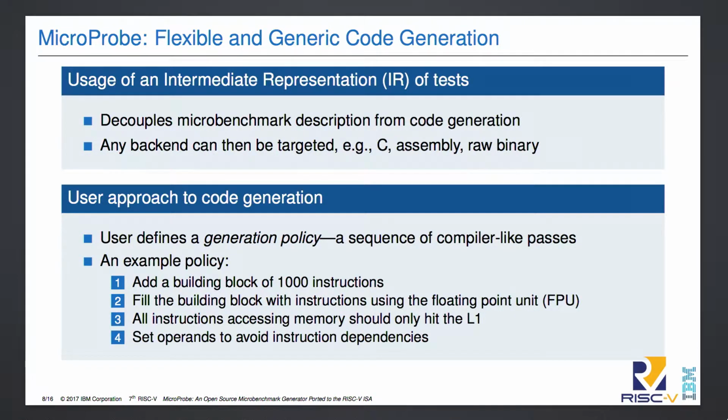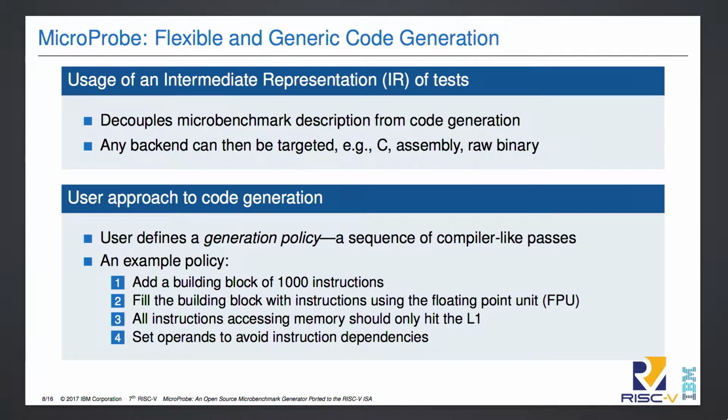Alternatively, you can think about this as a user approach to code generation, where, as one example, a generation policy is written as a sequence of compiler-like passes. I'll go into more detail with an example on the next slide, but you can operate at the level of: I would like to have a building block of some number of instructions. I would like to fill that building block with instructions that only target the functional units I care about, say, let's bang on the floating point unit.